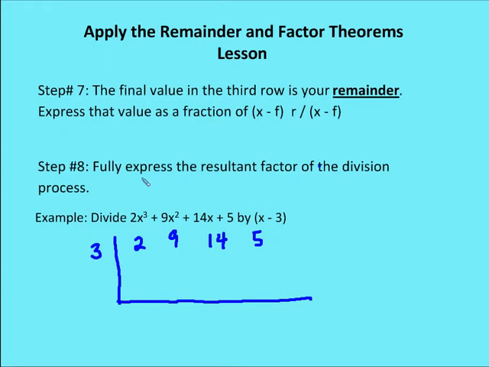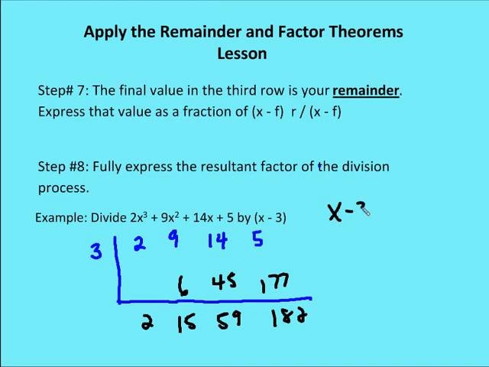So here, let's go through the process again. My divisor x minus 3 becomes 3 in the synthetic division system. I drop the 2 down. I multiply 3 times 2. I take the product of 6 and add it to the second coefficient, or the coefficient of the second term. I have 15. Multiply 3 times 15 to get 45. 45 plus 14 to get 59. 3 times 59 to get 177. 5 plus 177 to get 182.